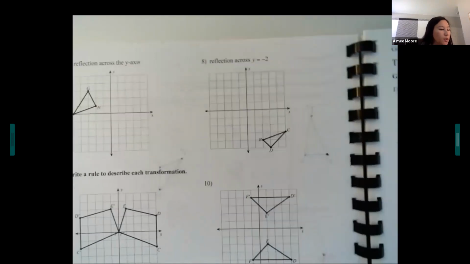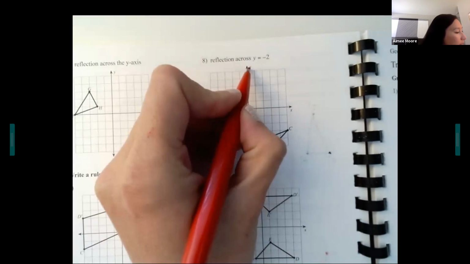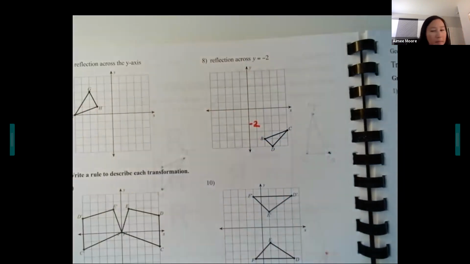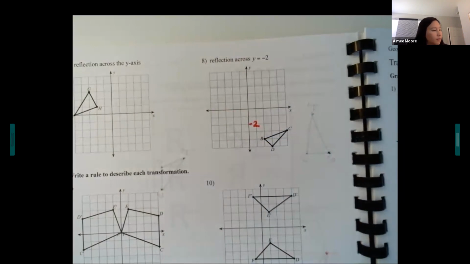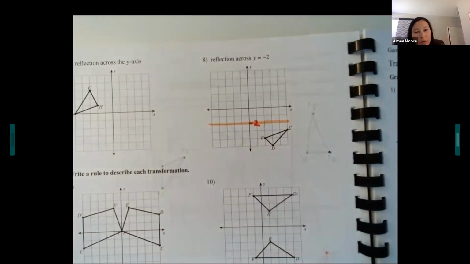It's right there. Okay, so that one would be x equals -2. So if it's y equals -2, you want to go on the y-axis. So this one's our y-axis. So where y equals -2 would be right there. And so that's where your line would be.